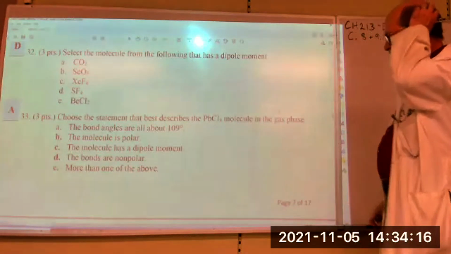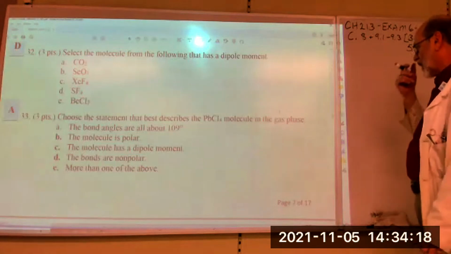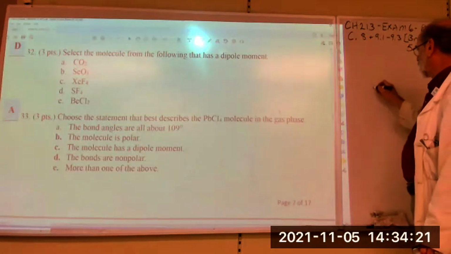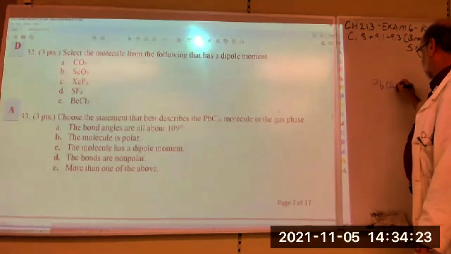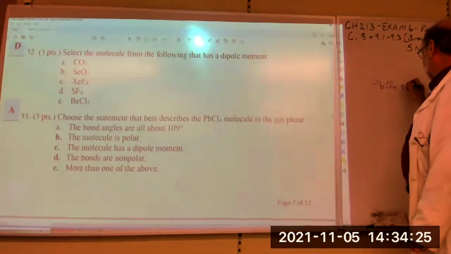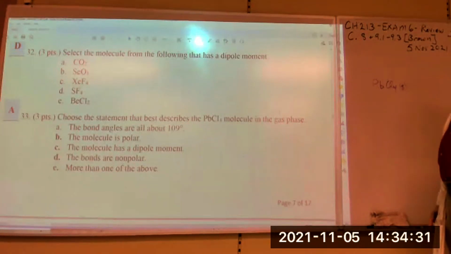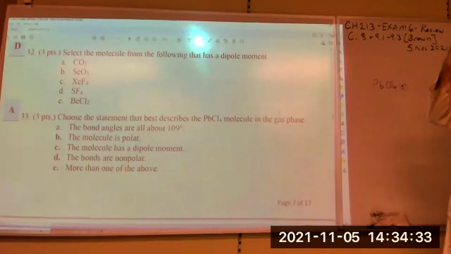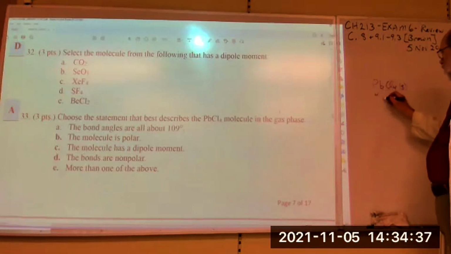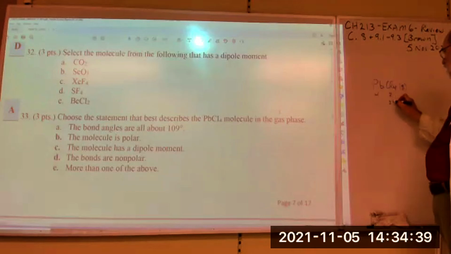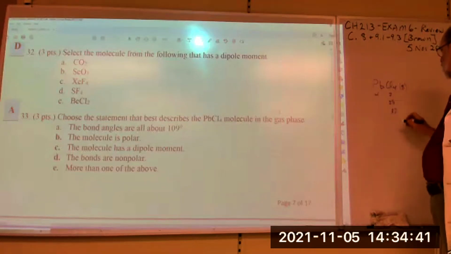Choose the statement that best describes PbCl4 molecule in the gas phase. Okay. Where's lead? There it is, lead. It's got 4 valence electrons. This has 7 each, so it's 28, 32.